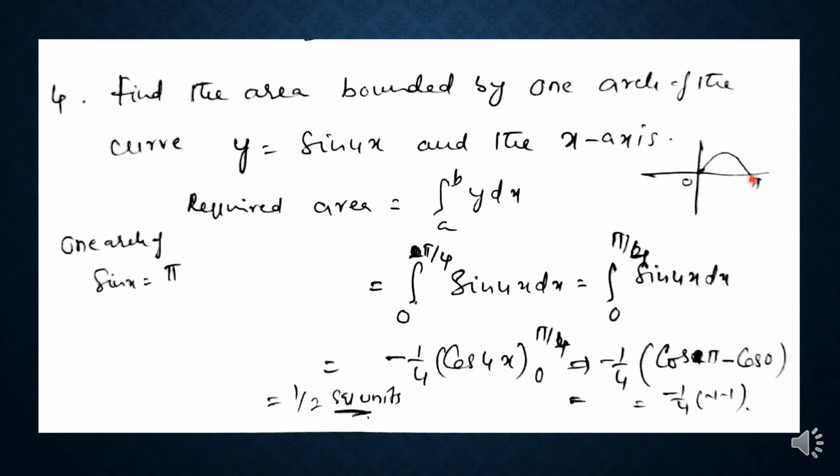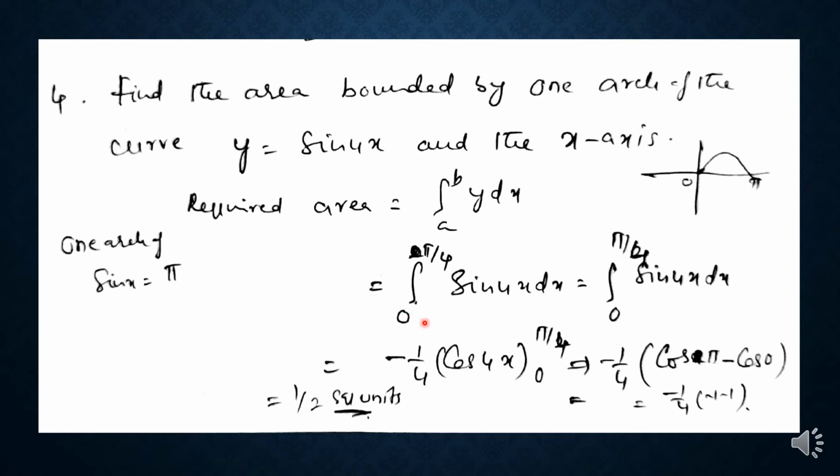The portion of the curve between two consecutive crossings with the x-axis is known as an arc. So usually the one arc of the sin x curve is 0 to pi. Here the given function is sin 4x. So the one arc means 0 to pi by 4. That is the arc of the curve here. So required area is equal to integral a to b y dx.